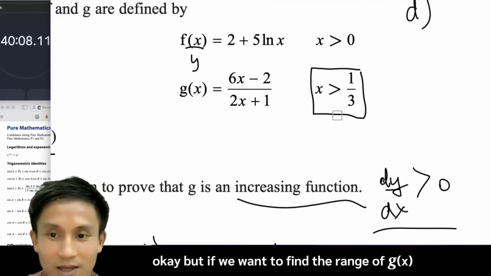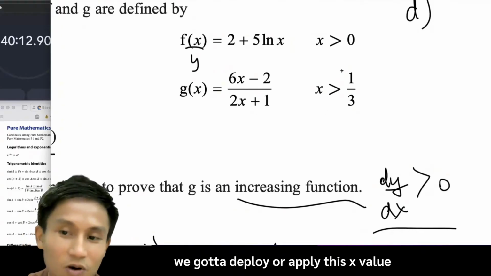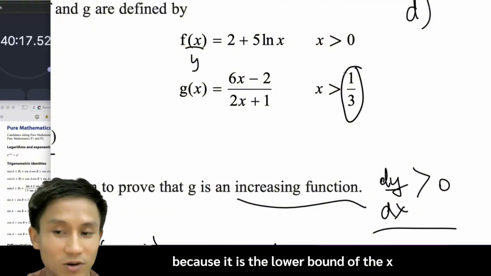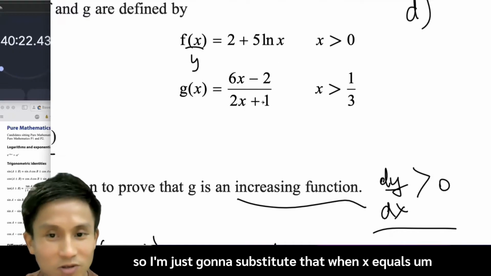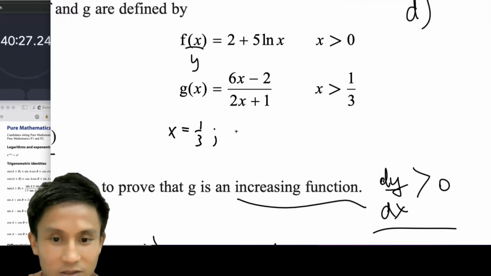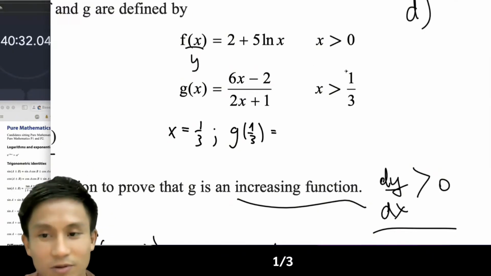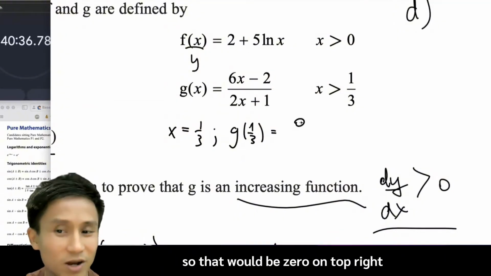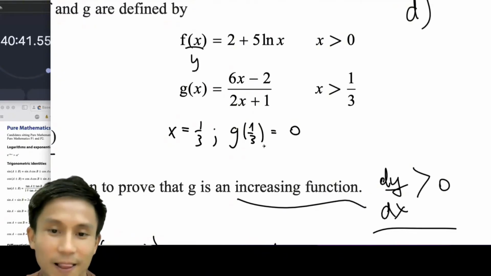But if we want to find the range of g(x), we've got to apply this x value, because it is the lower bound of x, to see what's going to happen to y. Substituting x = 1/3, g(1/3) would be, just doing mental math here, 0 on top, because 1/3 times 6 is 2. So it's just 0 there.